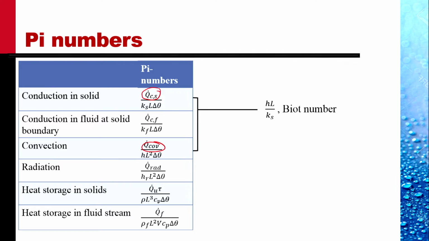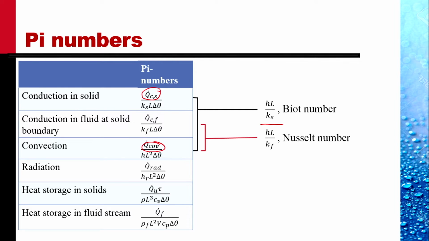Then we get from this a pi number hL by Ks: heat transfer coefficient times a characteristic length divided by the conductivity of solids. This is named the Biot number and is abbreviated as capital B lowercase i, Bi.